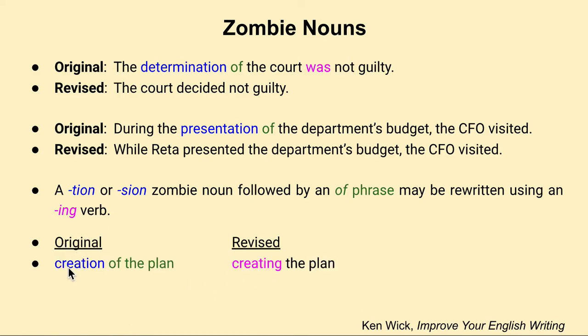Creation of the plan can be rewritten, creating the plan. Another example, discussion of the situation can be rewritten as discussing the situation. So going back to this, you have an ION zombie noun followed by an of phrase. Here's the of phrase, of the plan, of the situation, may be rewritten using an ing verb. So here's the ing verb, and here's the rewrite.